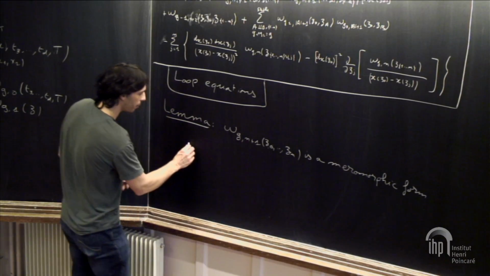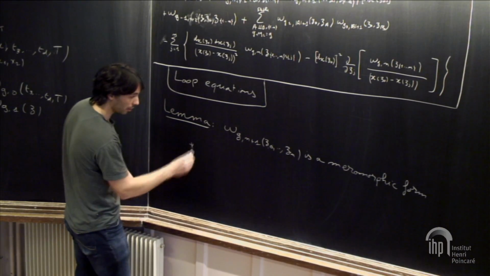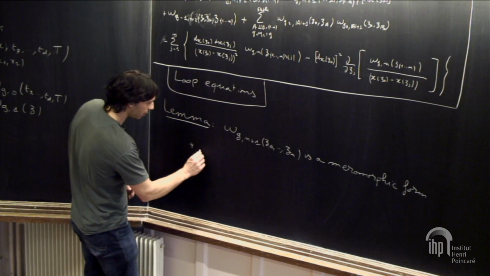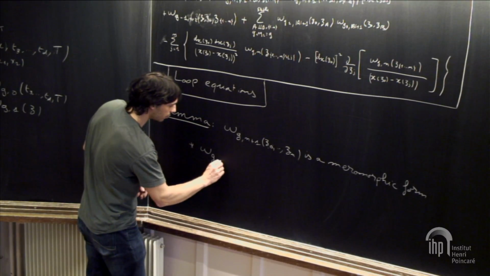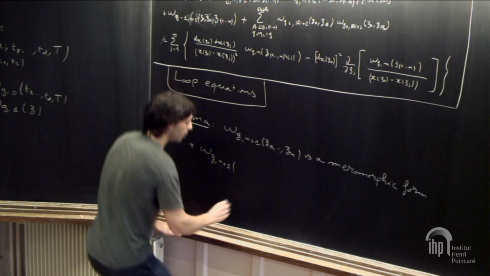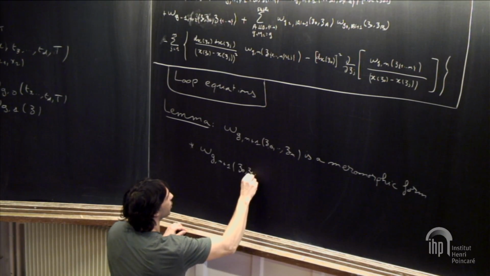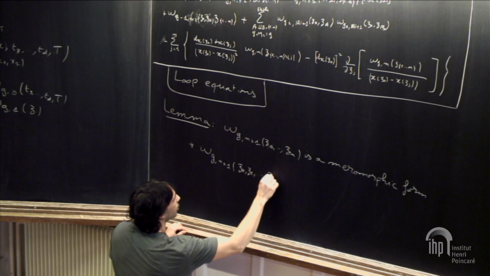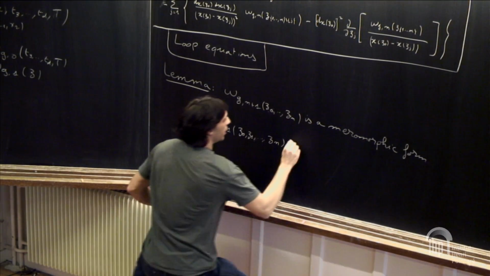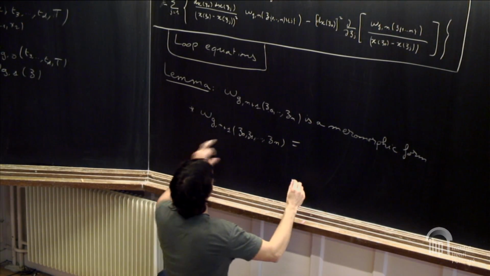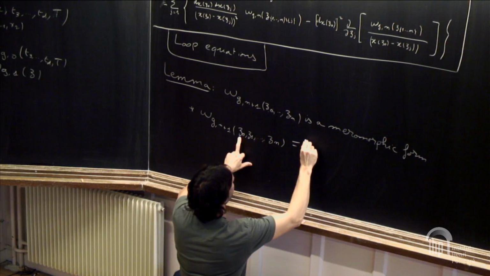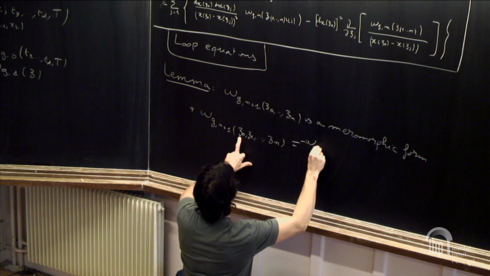And it has the following property. The first one is that if you take one of your variables and you evaluate it at its inverse, it gets a minus sign.